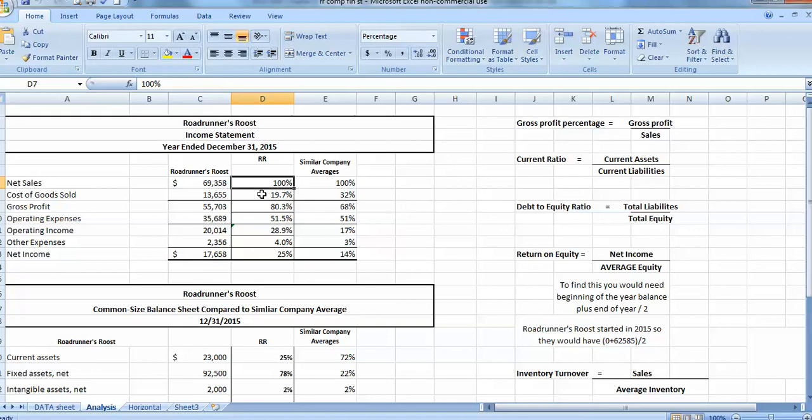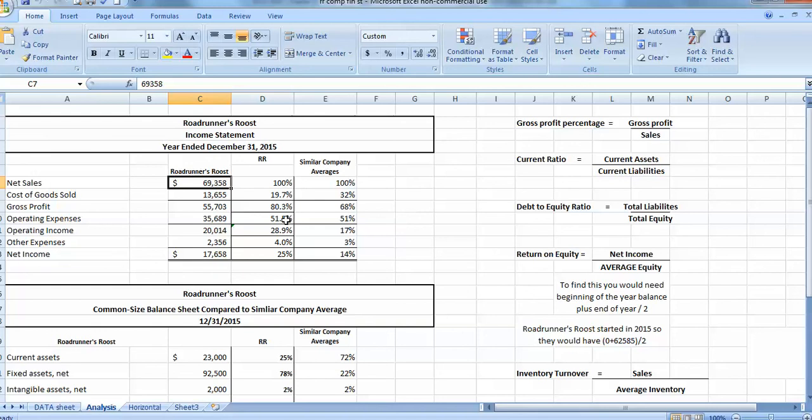If 19.7 cents went to the cost of the goods we sold, that left us 80.3 cents, or 80.3%, to cover all of our operating expenses and other expenses, and to leave us with our profit. So we can divide operating expenses into the net sales, 35,689 into the 69,358.